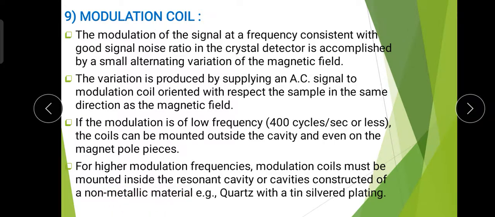That means for the higher frequency modulation, we have to put the modulation coils inside the resonance cavity, or another way, the cavity must be constructed with a non-metallic material like quartz with tin silver plating. So this material is used instead of putting the coils in a resonant cavity, and then we can achieve higher frequency modulation. So this is the modulation coil.